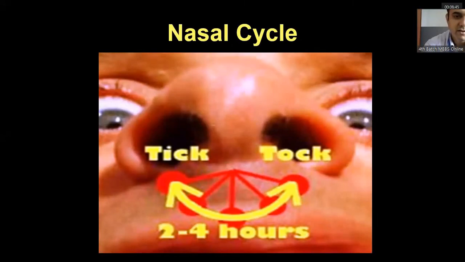So it means that for a particular time, say for 3 hours, the right side may be congested, and during that time the left side is decongested. This process recurs, so you are not aware of the nasal cycle. When you are aware of it, when you feel that one of your sides is getting blocked and through the other you are able to breathe normally, it means that there is some disease.